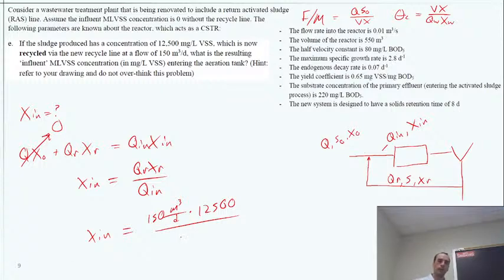We could multiply that by 86,400 seconds per day, and that should be 864 cubic meters per day then, after that conversion. So with that, we can get an X in value.